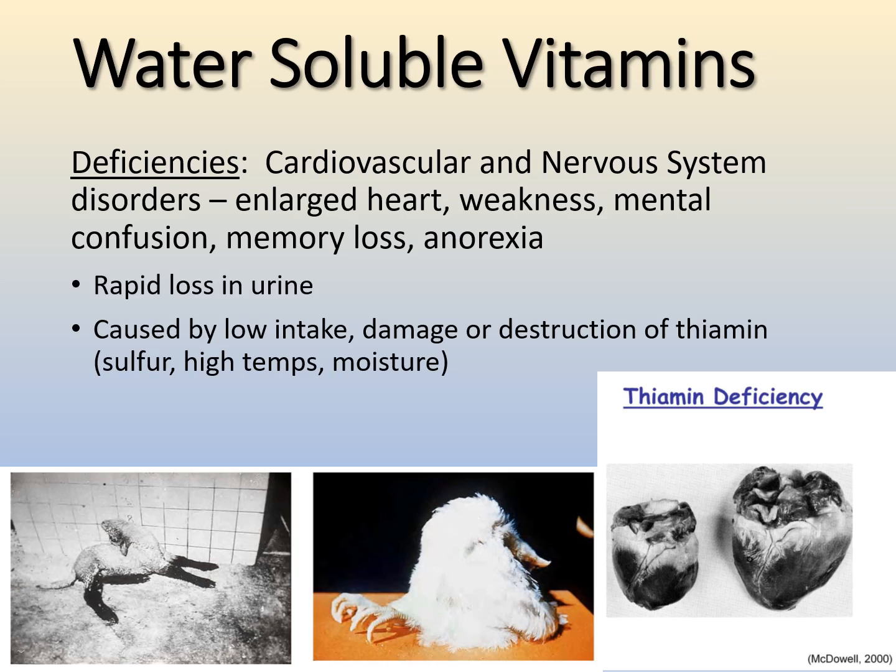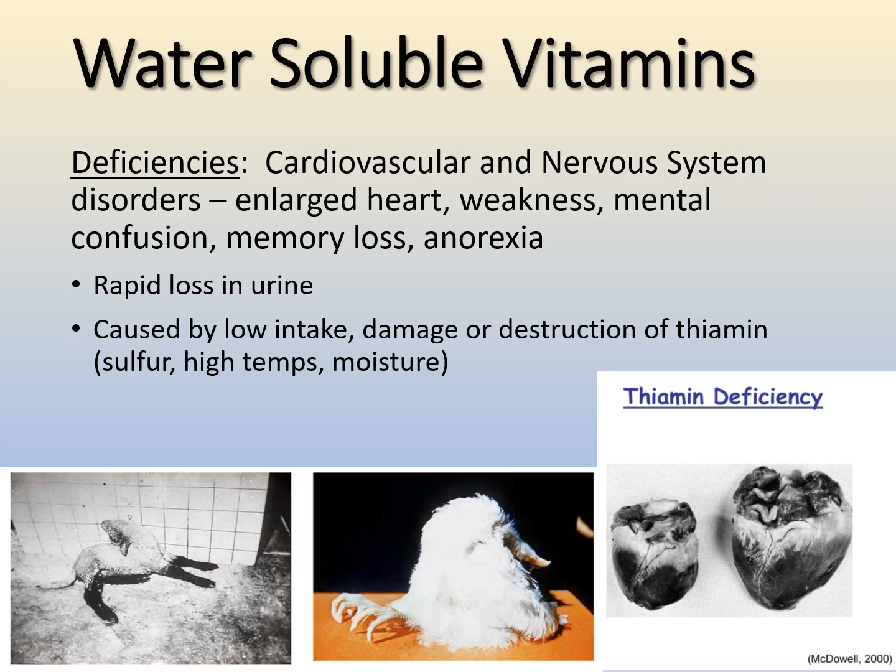So we do see a lot of urine loss, so rapid urine loss. It can be caused by either a low intake, which is fairly rare, but mostly we can see it being destroyed or damaged. So you're destroying your thiamine, so you're not getting enough of it.